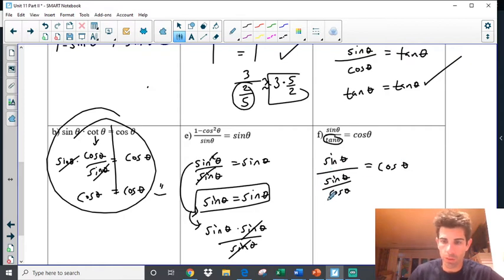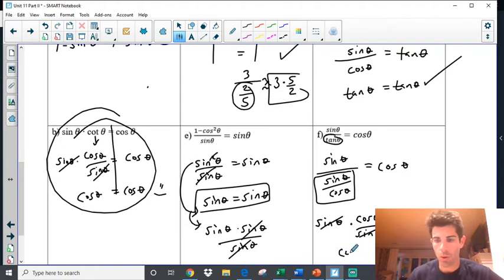Now, what do you do when you have a fraction over a fraction? Flip this fraction. So I have sine theta. Now, instead of having division, I'm going to have multiplication, and I flipped it. Equals cosine theta. Cancels, cancels. Cosine theta equals cosine theta.